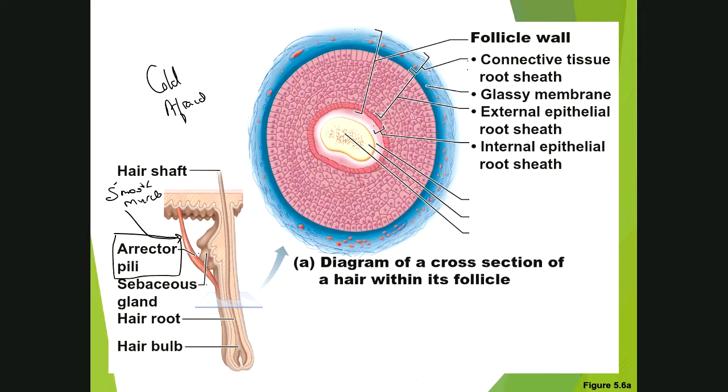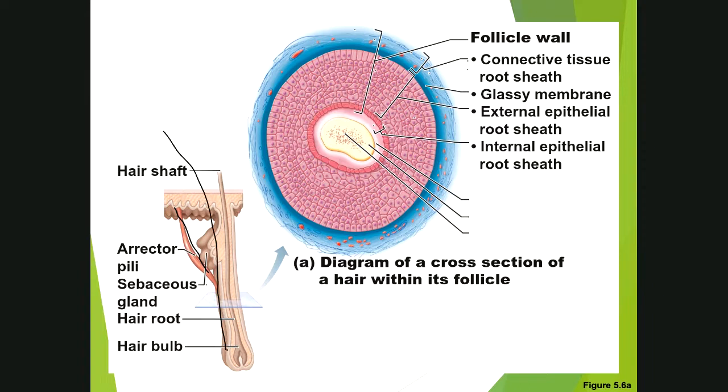And when the muscle contracts, it gets shorter, and this hair, it was like this, is going to get pulled straight up. Not drawing it very well, but anyway, it gets pulled straight up. So your hair stands on end.